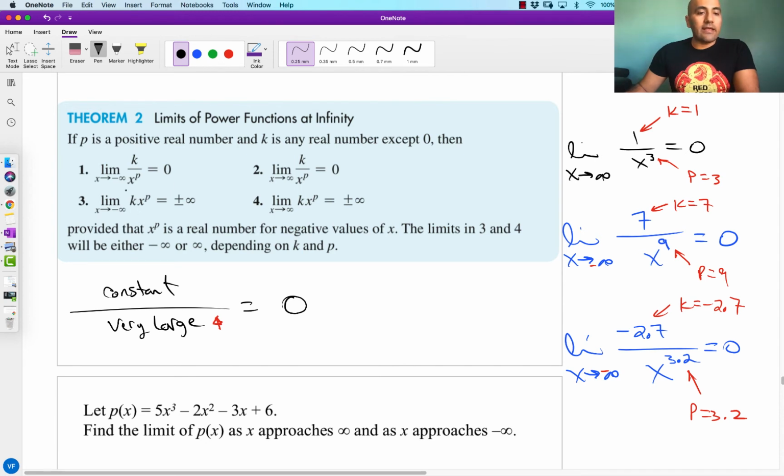On the other hand, if we have k equal to some real number, and we have x to the power of p like this, again where p is some positive number, then the limit as x approaches negative infinity of that little product is going to be positive or negative infinity depending on the value of k and p.